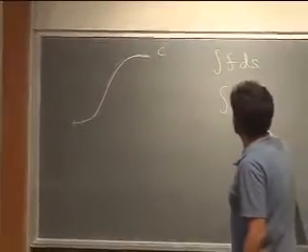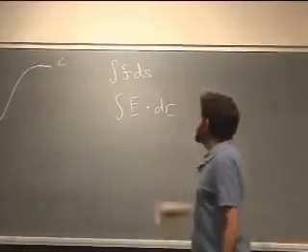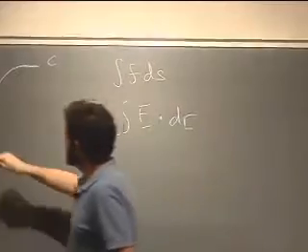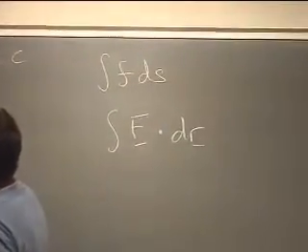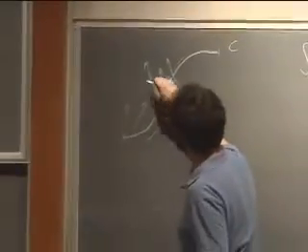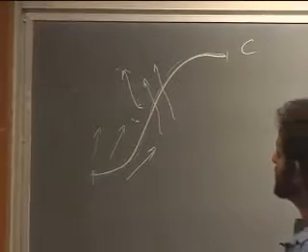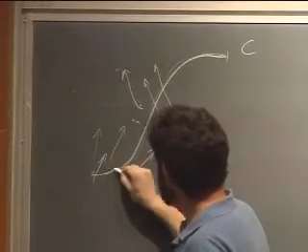Now, if you're going to write something like this, F dot dr, this is now a vector field, which means that in every point you have a vector. Attached to every point, you have a vector. But actually, the vectors that are away from this curve you don't really care about. All you care about is the vectors on the curve.